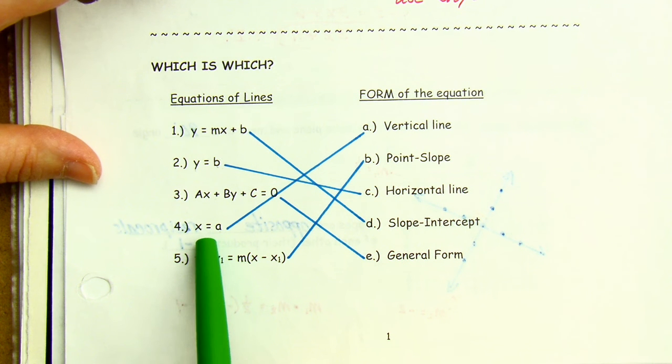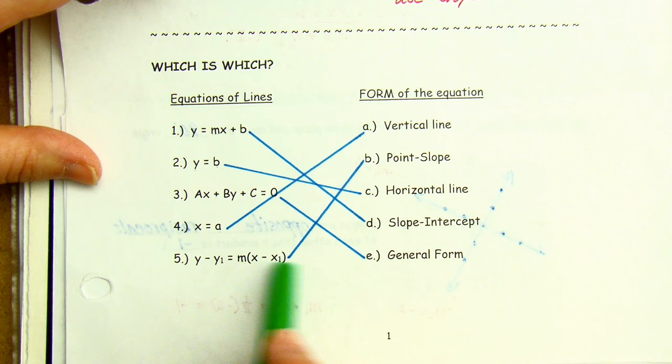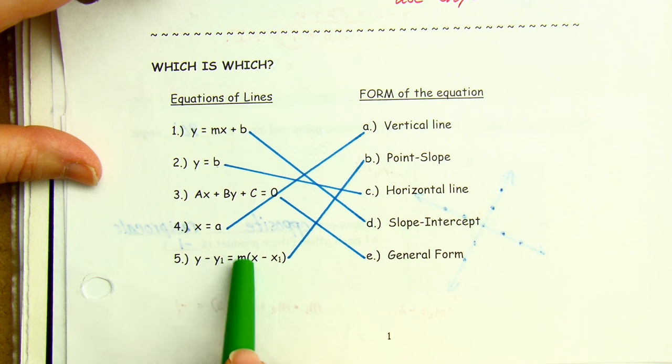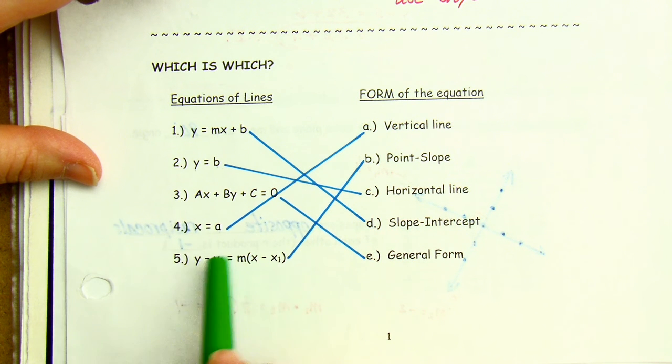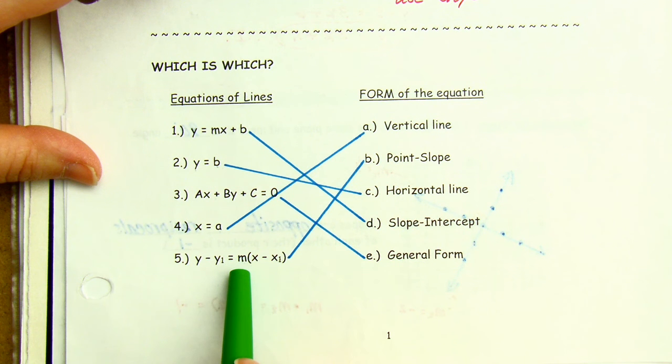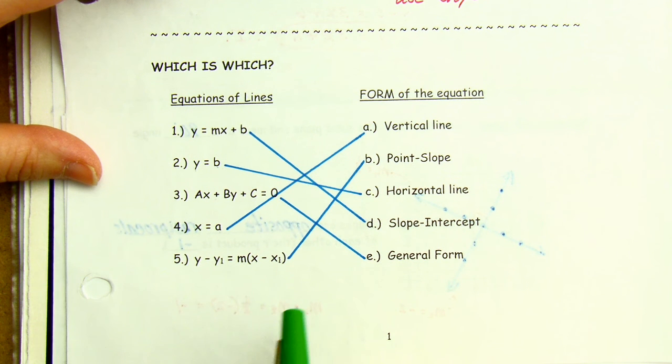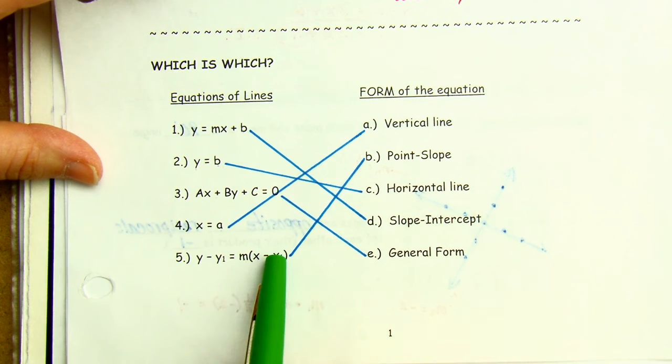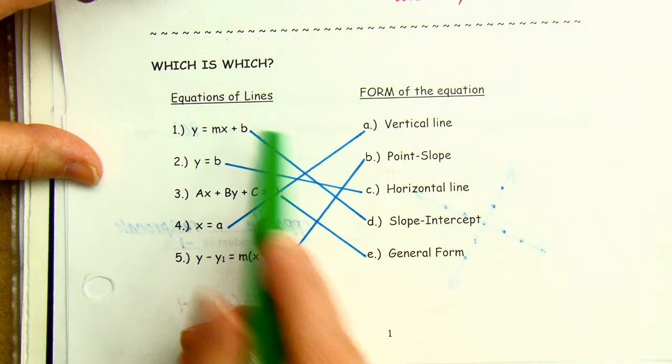So keep that in mind. This down here, this is point-slope because this (x1, y1) are coordinates from a point. m is the symbol for slope, hence point-slope. Okay, it just kind of makes sense. It's pretty logical. That's why this is called point-slope and why this is called slope-intercept.